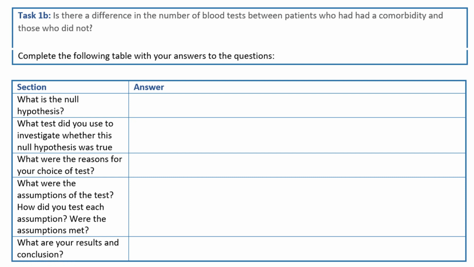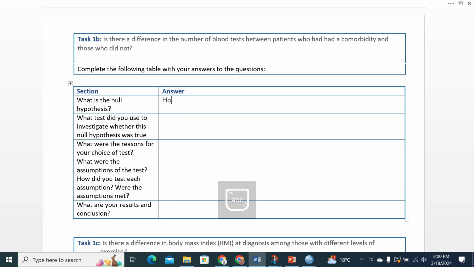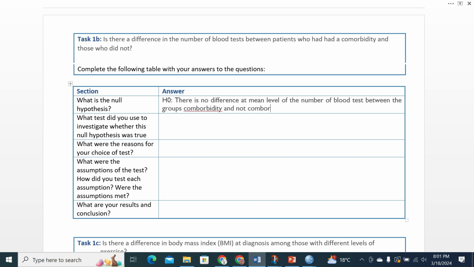a Word document. H naught in this case would be: there is no difference at mean level of the number of blood tests between the group comorbidity and not comorbidity.